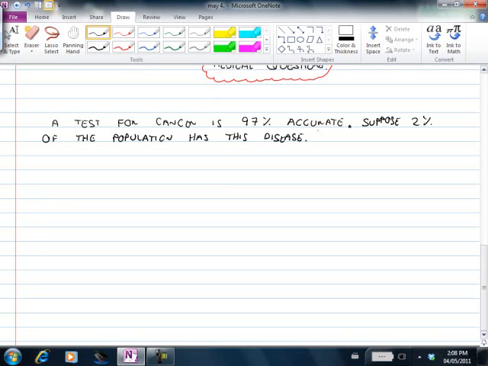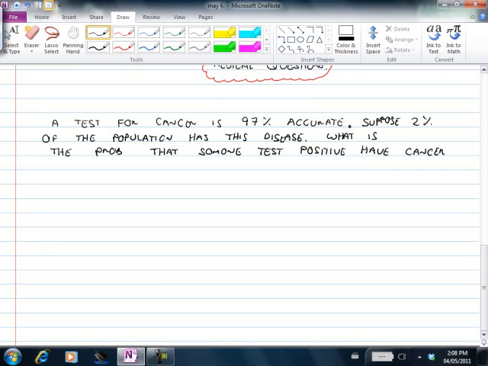Here's your question. What is the probability that someone who tests positive has the disease, or has cancer?